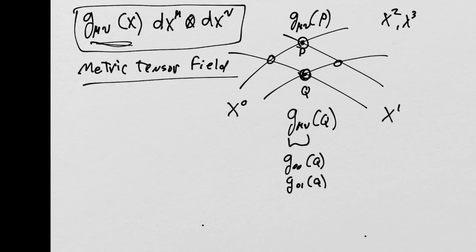Now, if you've studied many relativity books, you'll notice that when they talk about the metric tensor field, they just write g mu nu. And I kind of went through that in the previous discussion about the Riemann tensor, that we're going to start leaning on that. We understand that this is a function of space-time. We don't have to say that anymore. We understand that that is the component of a tensor.